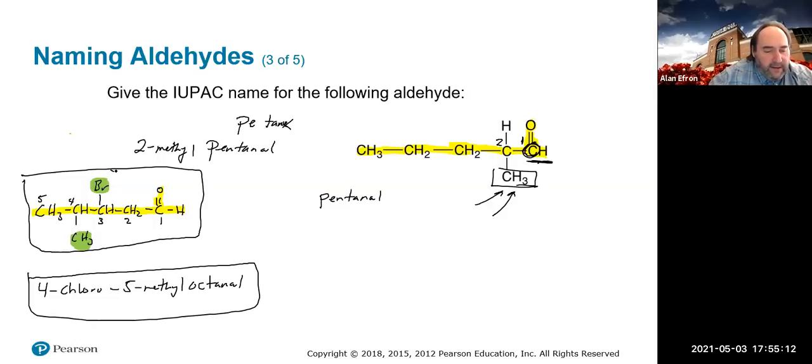That means at carbon number 3, we have a bromo group. At carbon number 4, we got a methyl group. Alphabetical, going to put the B in first, so that's going to get us 3-bromo-4-methyl pentanal. Any questions on that name there?